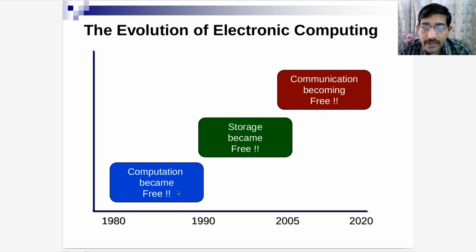By computation becoming free, I mean that your computer system became cheaper and cheaper, so that the millions and billions of computations that you perform come at a very low cost if you compute the cost per computation. So you have systems nowadays which are cheaper and do billions and millions of computations in a second. So per computation cost becomes free.